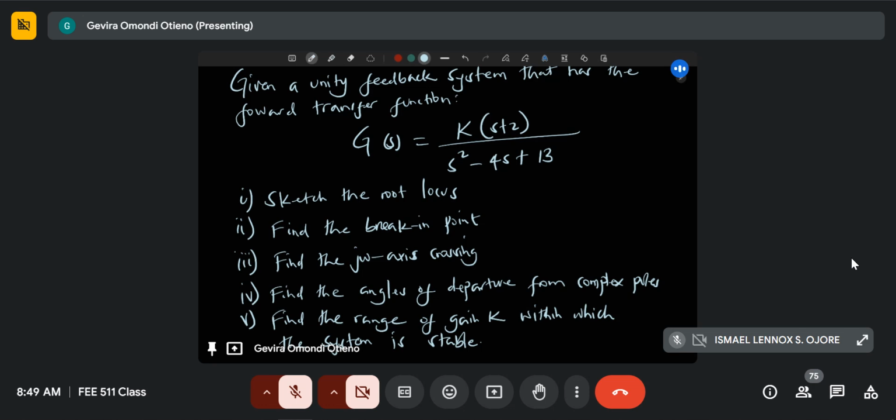My work here is to guide you through how I expect this question to be approached. Number 1, you're given a unity feedback system. Number 2, we can sketch the root locus.